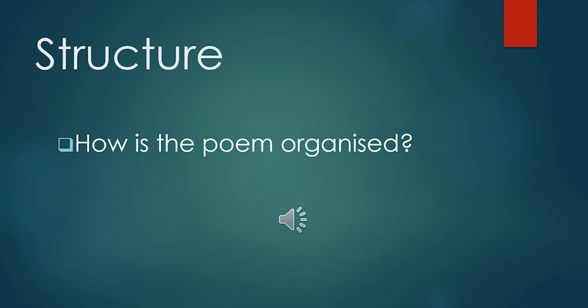Okay, so that's what we mean by the structure of a poem, and we will look at that more carefully when we go into our first seen poem, where we just have an understanding of what structure means. Basically, it's how the poem is organized. How does it look on the paper? And remember, nothing is by accident. Everything is written that way for a reason.